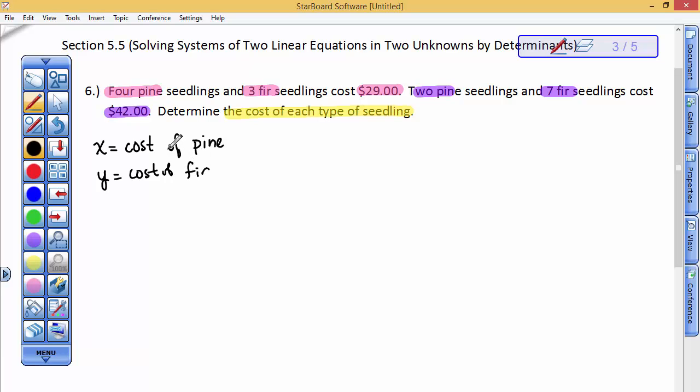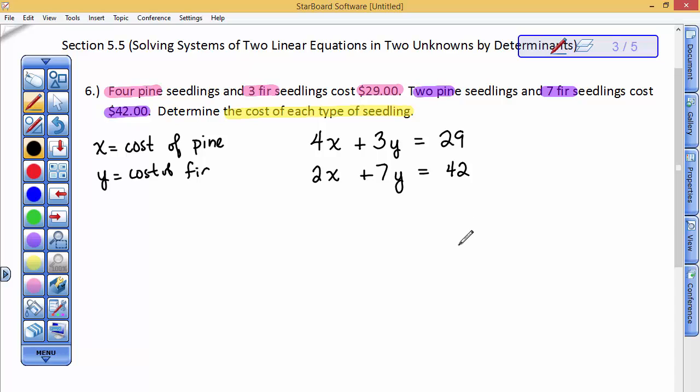So if X is the cost per pine, and there are 4 that we buy in the first bundle, how about if we take 4 times the cost plus 3 times the cost of the firs for a total cost of $29. In purple here, how about if we take 2 pines times the cost plus 7 firs times the cost for a total of $42.